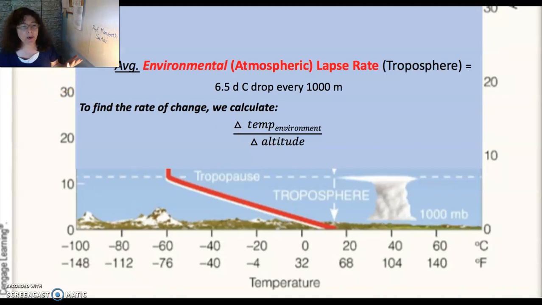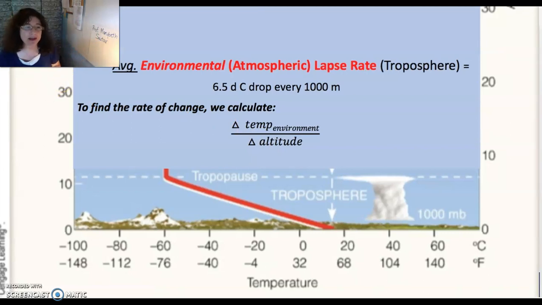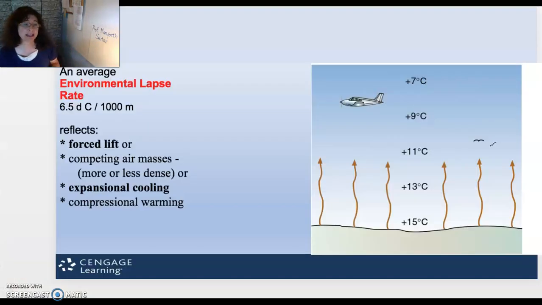Let's look into how this average expresses itself in observations that we know. Again, I'm going to go back to pilots. You will note here that the ground warms the air, radiating off its infrared energy so that it will warm the air and stop the air from losing so much warmth.